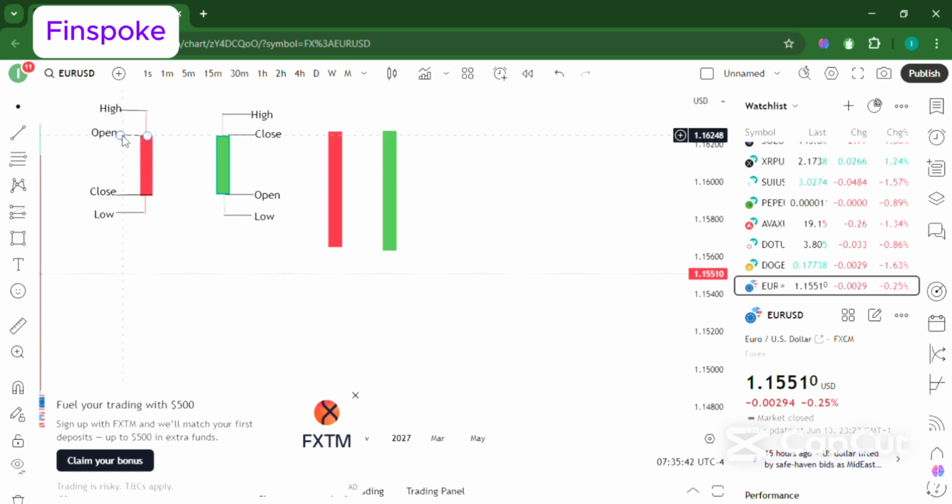That is where the buyers or the sellers are. There are buyers who pushed the market, the price up. The sellers drag it back to where they overpowered the buyers and now push the price down. When they push the price down, they push the price down to this point.